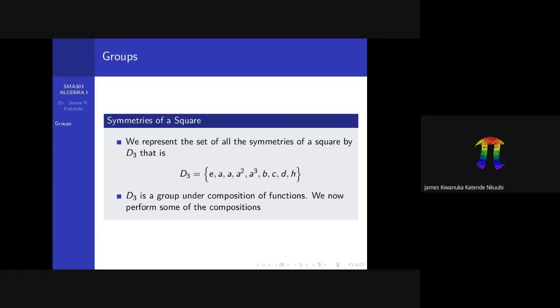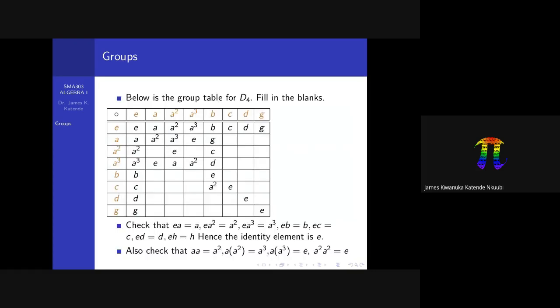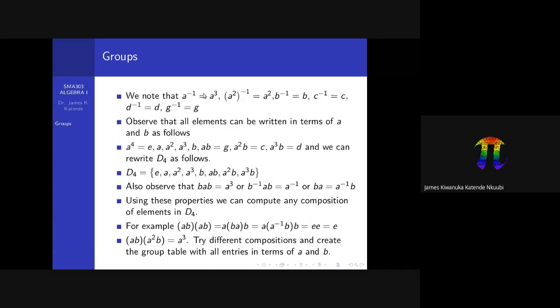So you can try this on your own. You try to fill in this table. This table will give you all that information. Are we together? Yes. So here we are just going to use a notation that is used for groups.